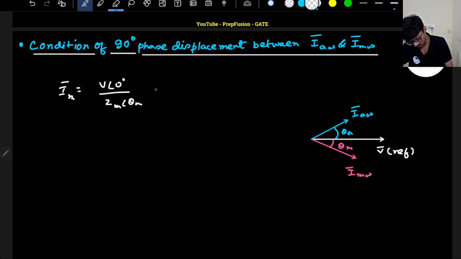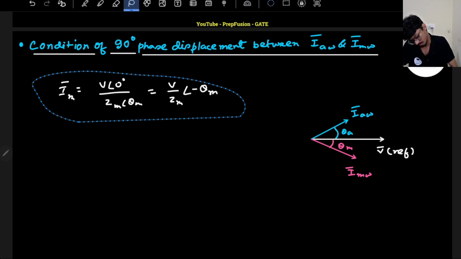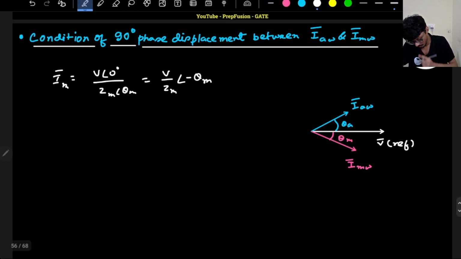So it will be equal to V upon Zm, angle minus theta m. This is the main winding current.